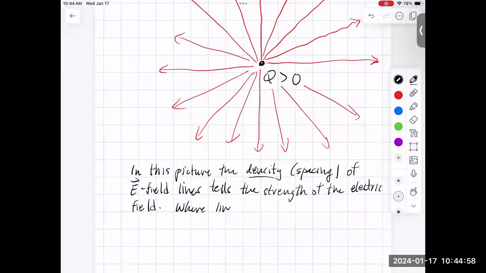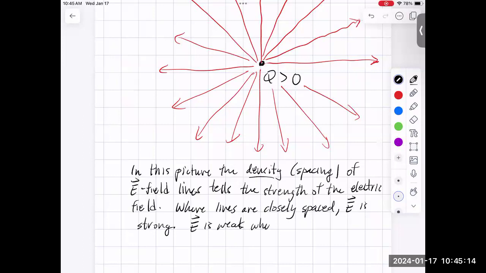Where lines are closely spaced, E is strong. E is weak where the lines are spaced further apart, or where there's a low density of those lines.